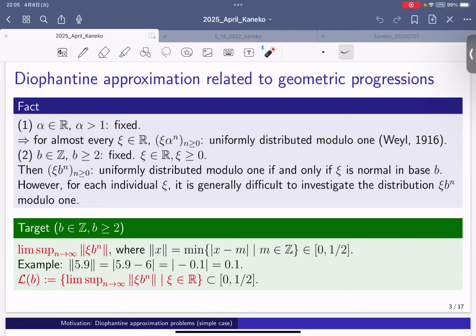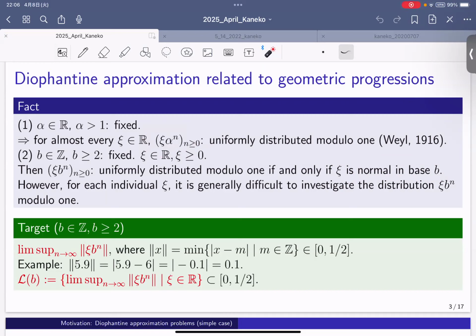For example, whether square root of 2 is normal in base 2 is the famous Borel conjecture. What I want to say is that this problem is related to the base b expansions of xi. You know that base b expansion is related to word combinatorics. Uniform distribution is a difficult problem.